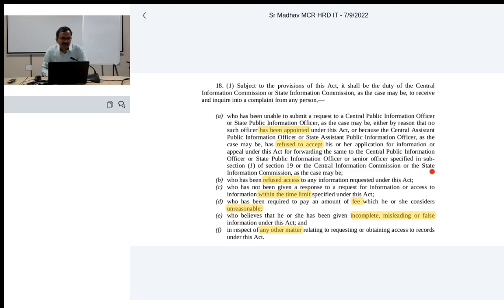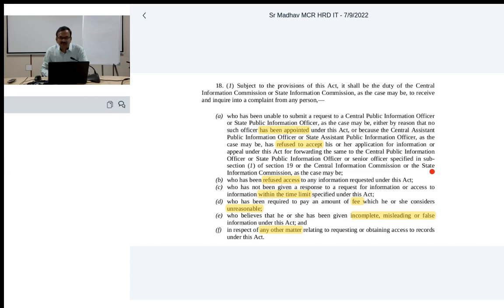A great feature of the Right to Information Act is that we charge reasonable fees. For example, in America or in Britain, public authorities can charge for man hours. If they spend some resources, they can charge for those man hours, and retrieving fees and search fees also. But in India, we don't have that provision. Only reasonable fees can be charged.